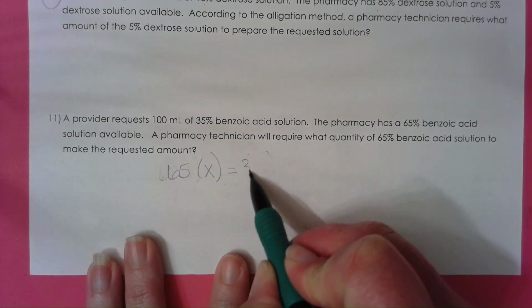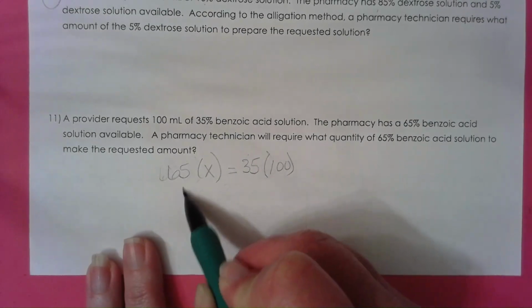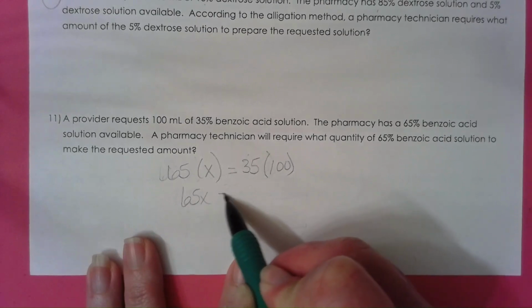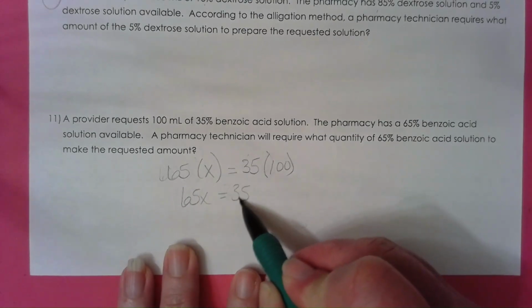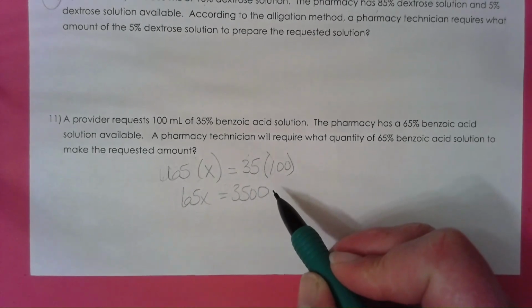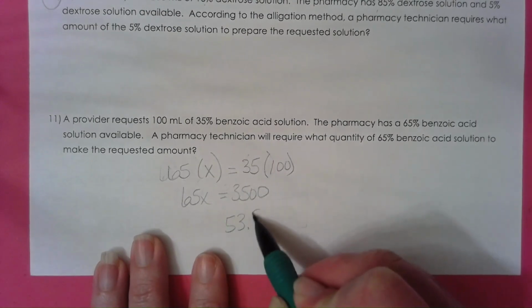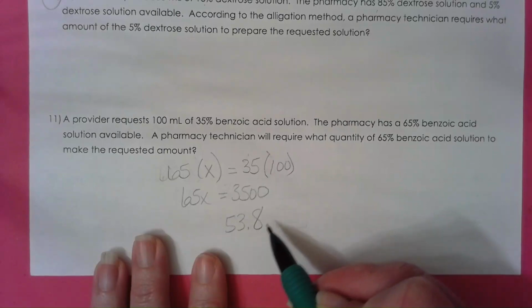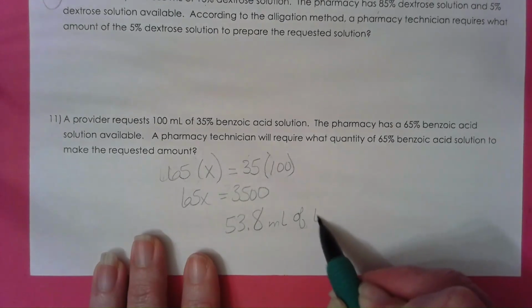Concentration 2 is 35. Volume 2, 100. So we do the math. 65x equals 35 times 100, 3,500, divided by 65 gets you 53.8461538, so 53.8 milliliters of the 65%.